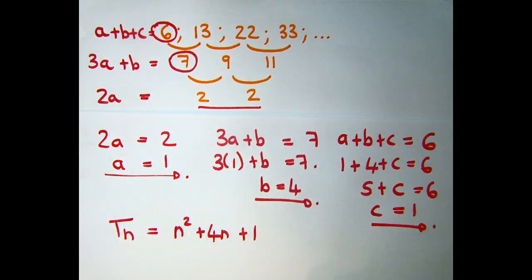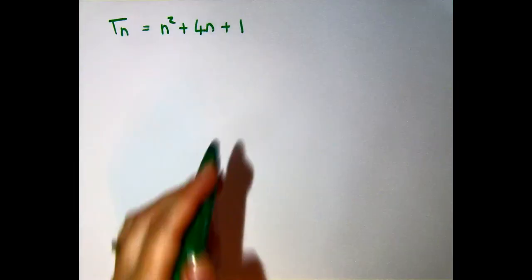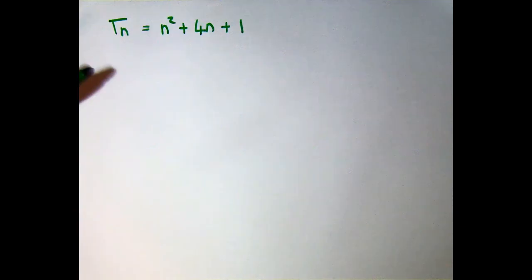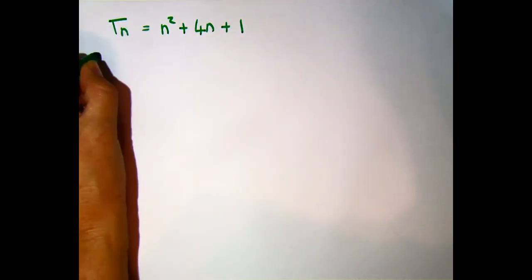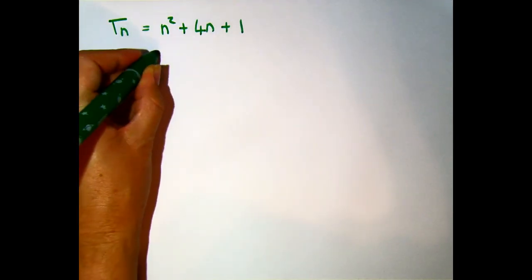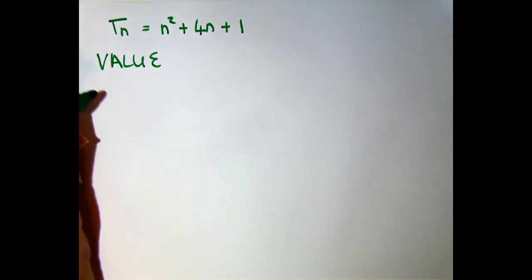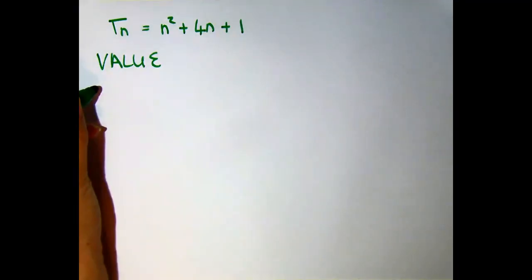Okay, so besides finding the general term, there's normally two kinds of questions that are straightforward that come after this. The first one is to find T something. So they're going to ask you for a value. And it's really critical that you understand when they're asking for a value.